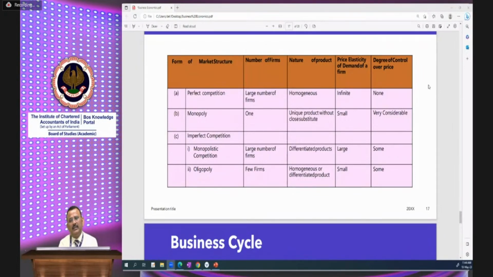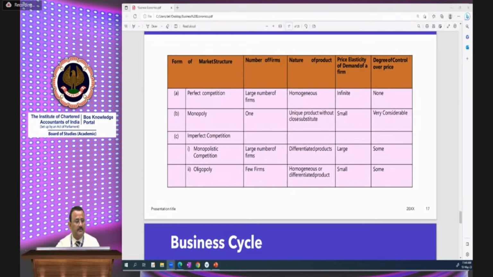Now, in the examination, questions are asked on the different forms of market structure. So how the price and the output are determined in the different market structures.